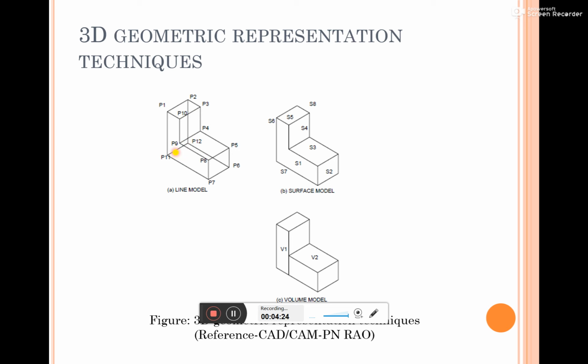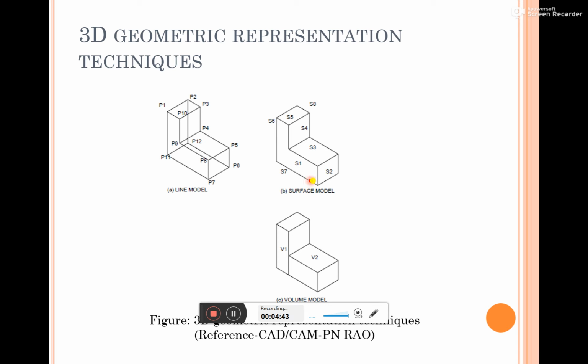Such a thing is known as the line model or wireframe model. Its main feature is that it doesn't have any surface or volume information. It's mainly used for basic visualization purposes or for toolpath generation.